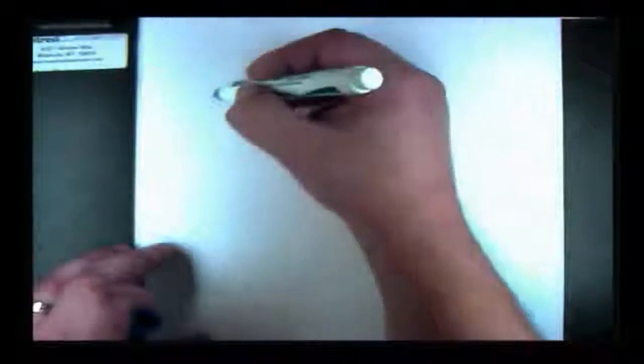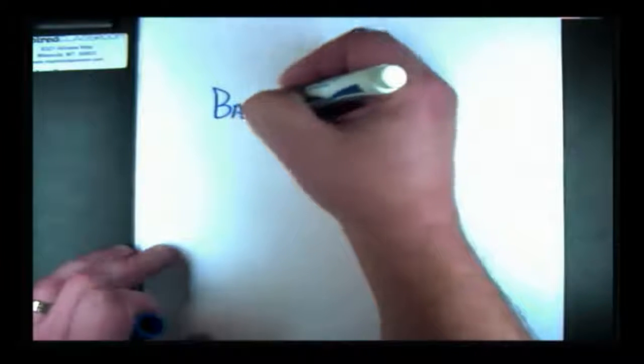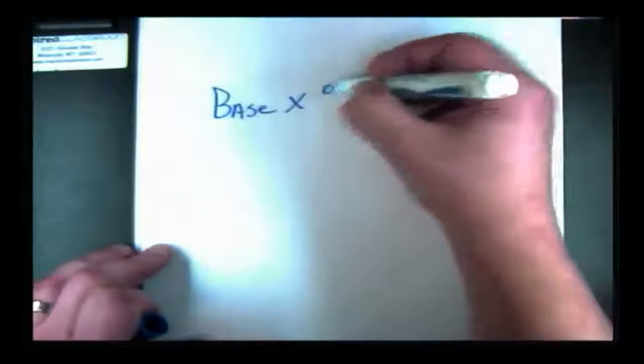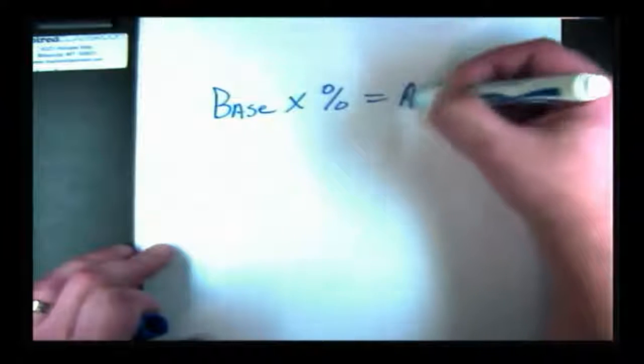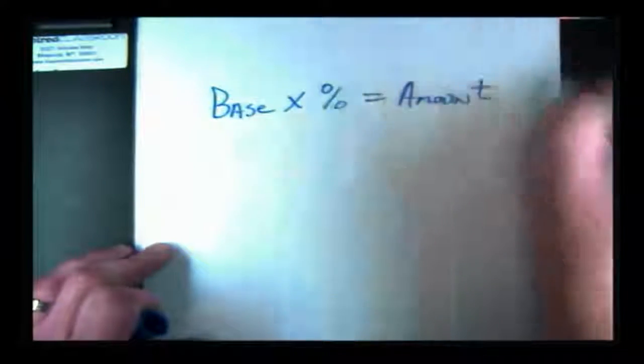Percentages is another big one. When we calculate percentages, they're kind of proportional, but percentages pop up every day in our world. I use a formula called base times some percent equals some amount.